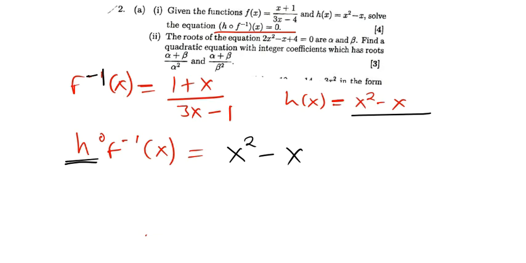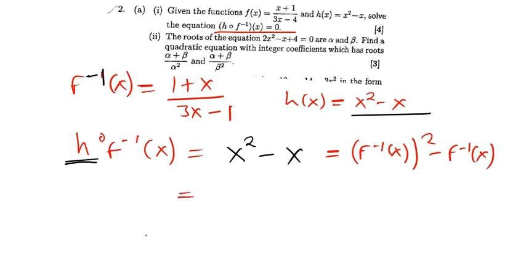Now what I want you to do is, where there is x in this first function, plug in the f inverse of x. So this is equivalent to, where there's x, we put f inverse of x, and then subtracting it, of course.